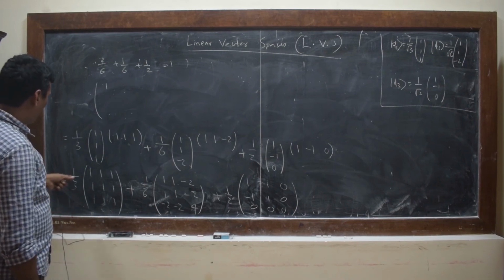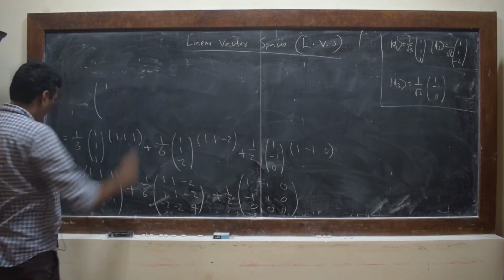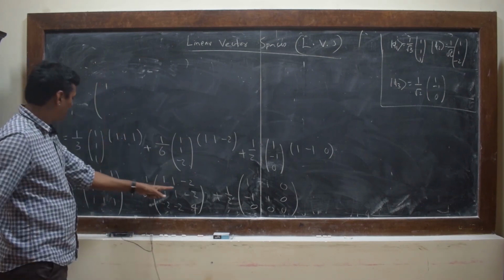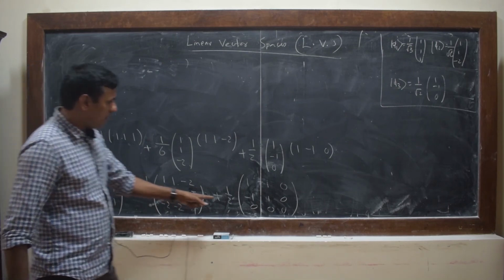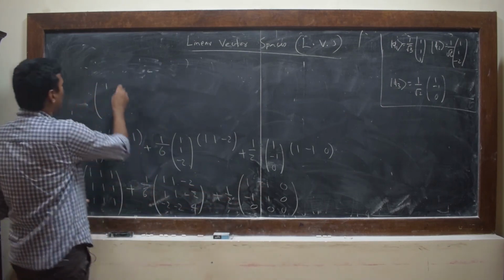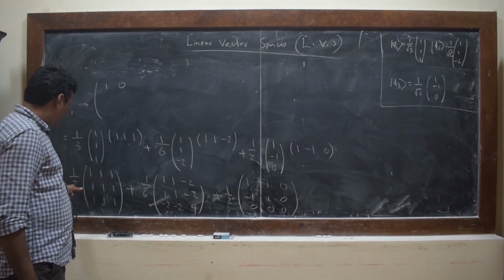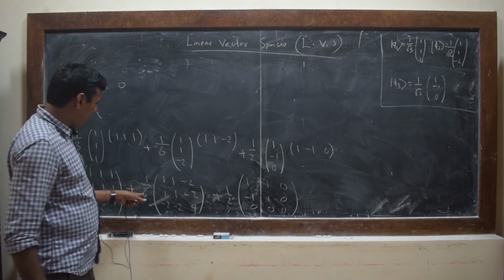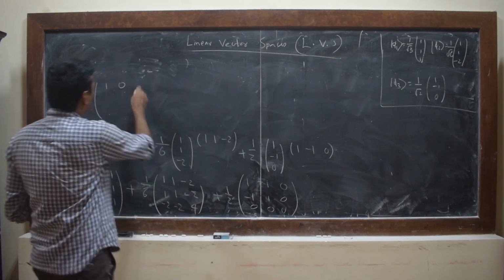Okay. And let us look at the second element. Second element is actually 1 by 3, again 1 by 3 plus 1 by 6, that will be half. Then you will have a minus half, so that will be 0. And the third element will be 1 by 3, so it will be 2 by 6 minus 2 by 6, so that will be 0 and then 0, so that will be 0.